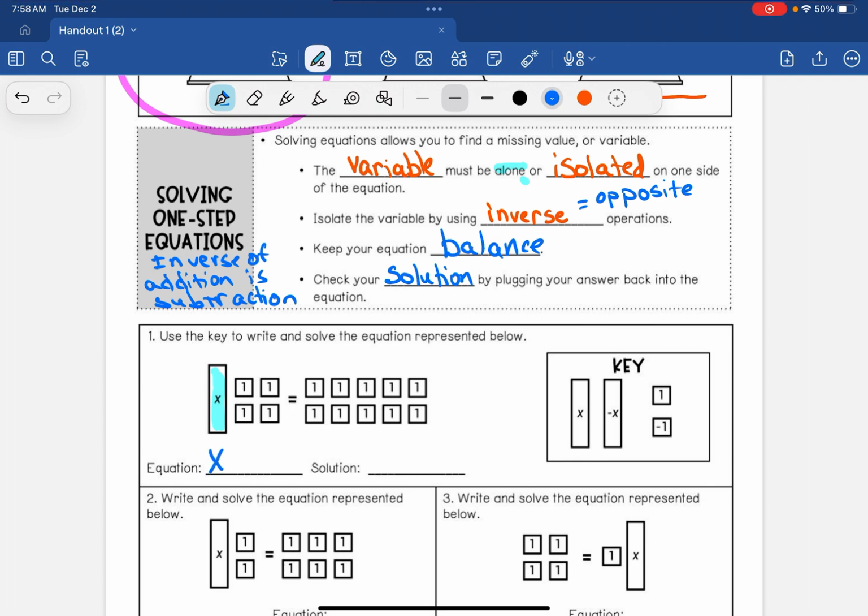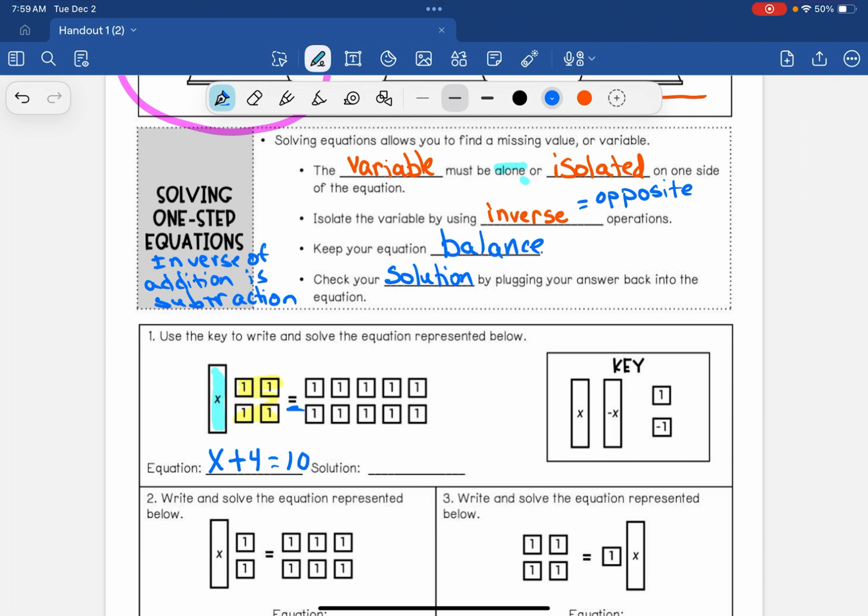So we have x on this side, and we also have these 4 ones by itself. So our equation is going to be x plus 4, because we have 4, equals, then we're going to count how many we have on the other side. So we have 10 on that side.